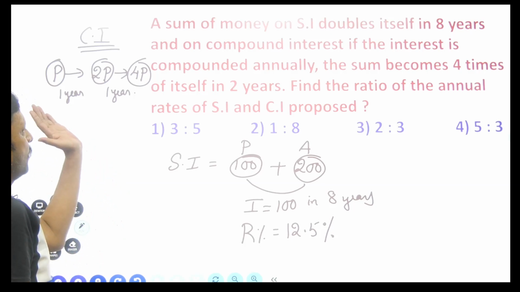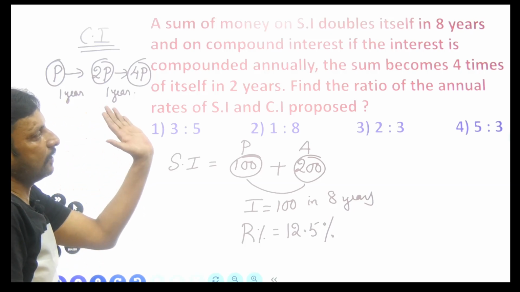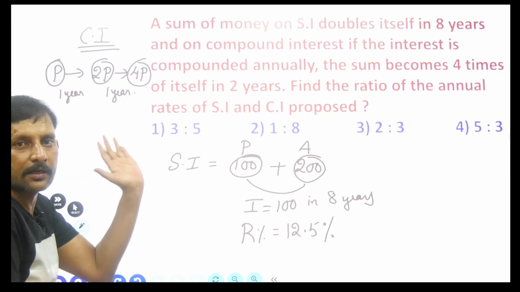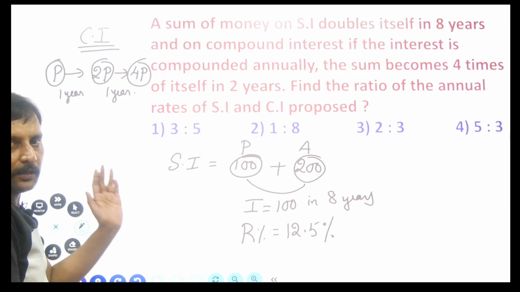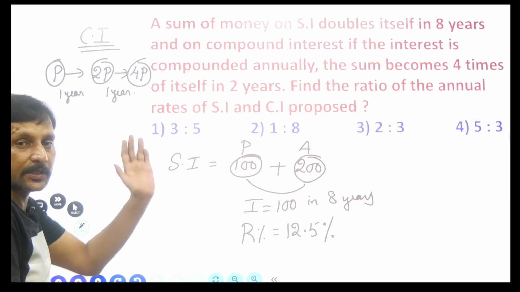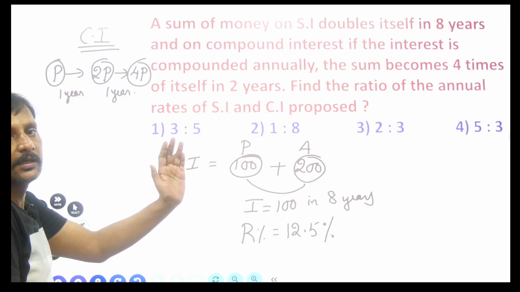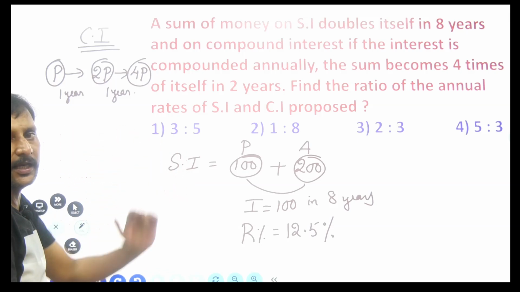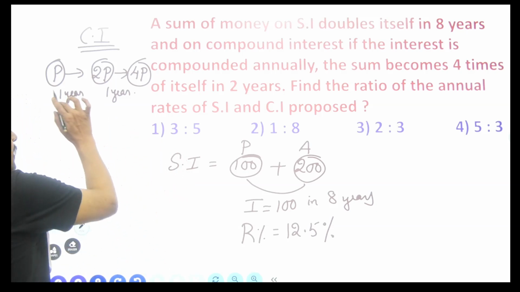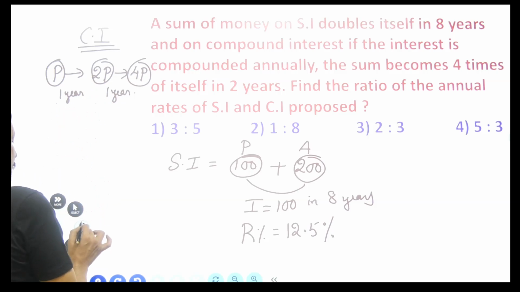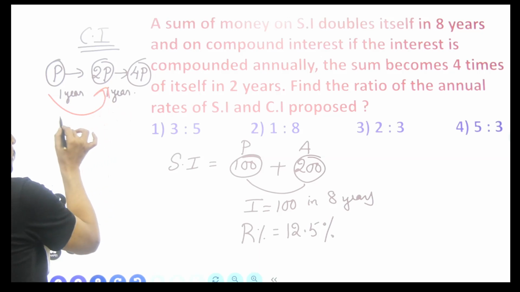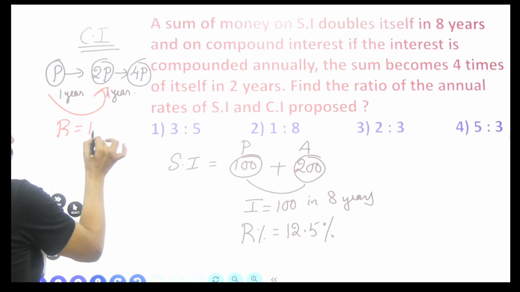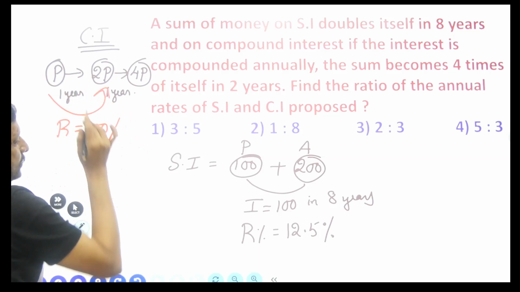According to compound interest, the increase on increase, or interest on interest, is called compound interest. So the initial principal becomes double 2p, again it becomes double 4p in 2 years. So I can consider it as 1 year and 1 year. In 1 year it becomes double, so the rate of interest is 100%.